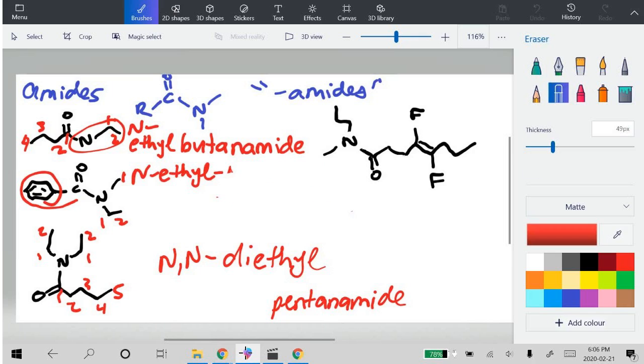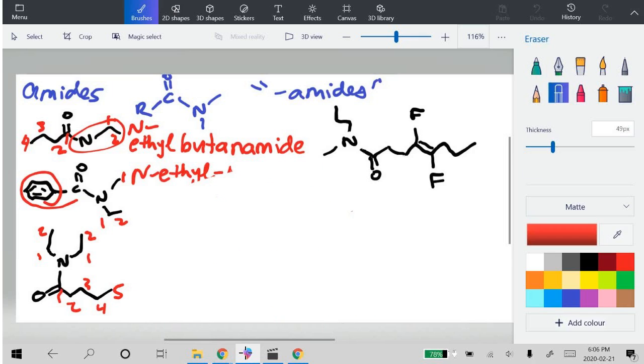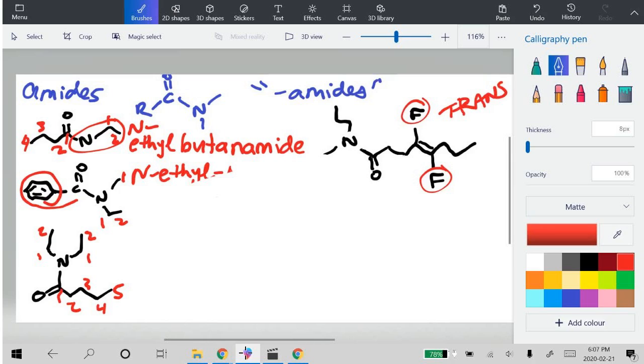And finally, the last example is an alkene in my backbone. So this is your example of a trans isomer. I have an alkene, so I have to decide, is it in a trans conformation or a cis conformation? And because my fluorines are on opposite sides of the double bond, it's trans. And on the backbone, I have a difluoro.